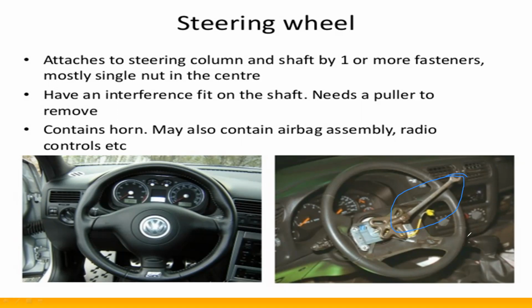And the horn, you can see it is the circuit connection of the horn. So the horn is also placed in this steering system. So that is the steering wheel connection in the automobile vehicle.